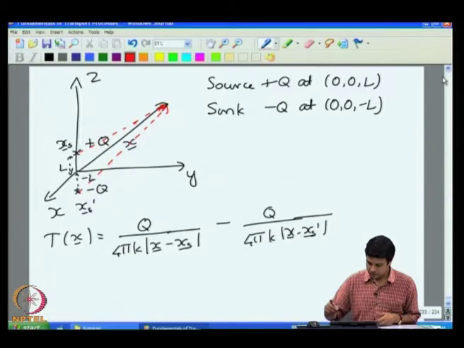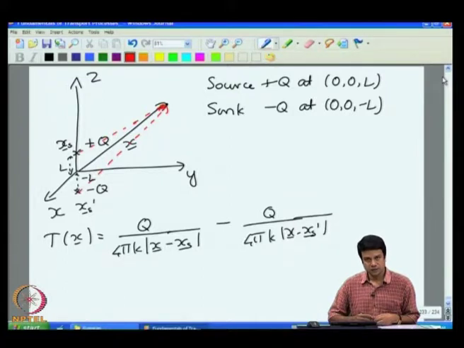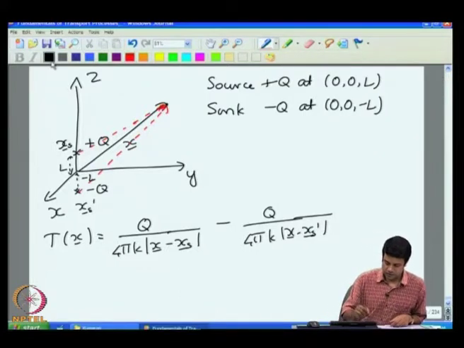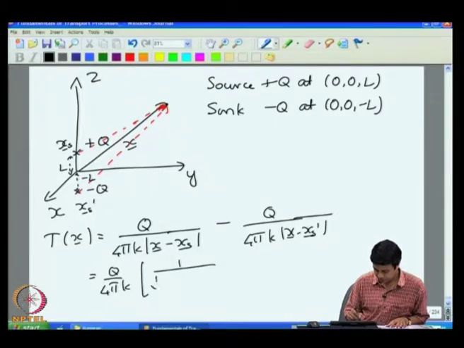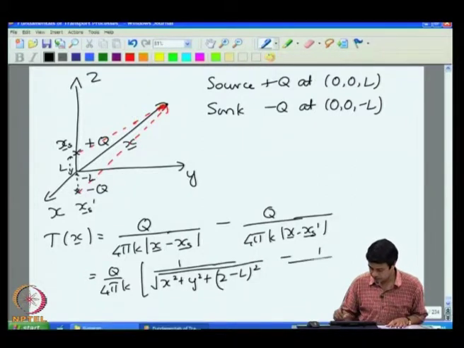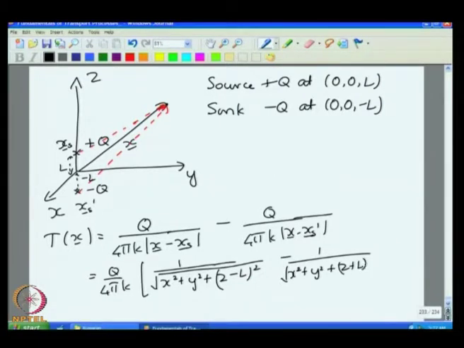So, I know the two locations of the source and the sink: x is equal to 0, y is equal to 0, z is equal to plus L, as well as x is equal to 0, y is equal to 0, and z is equal to minus L. So, this becomes q by 4 pi k into 1 by square root of x square plus y square plus z minus L the whole square, minus 1 over square root of x square plus y square plus z plus L the whole square.